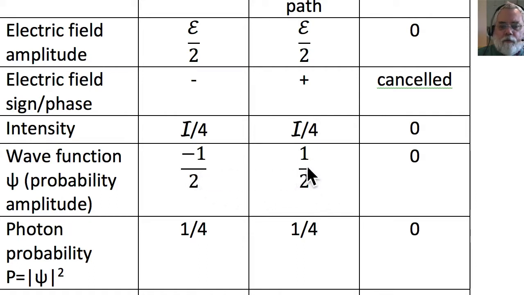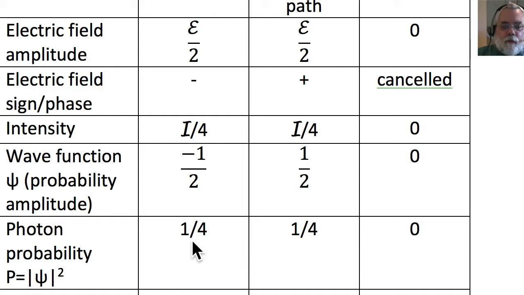We add those and we get 0. 0 probability amplitude for a photon to be detected by detector D1. We then take that wave function and take its magnitude squared, and we get the photon probability, which is 0. 0 probability for a photon to be detected at D1.